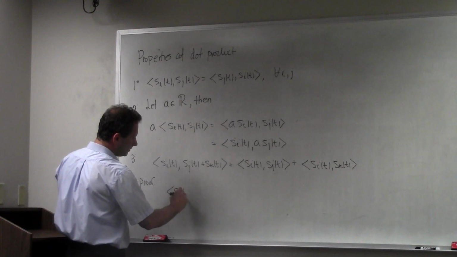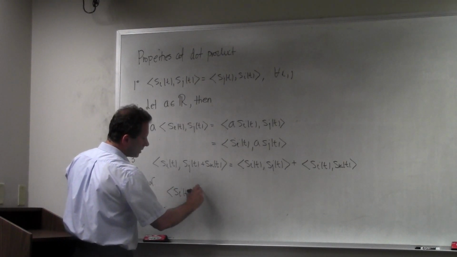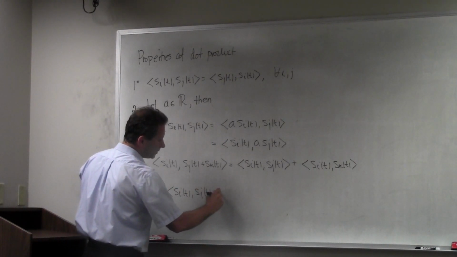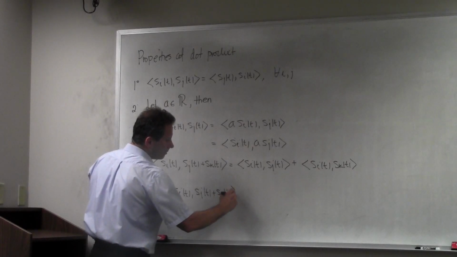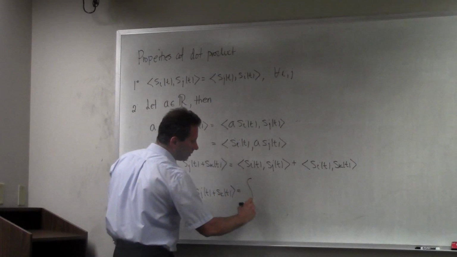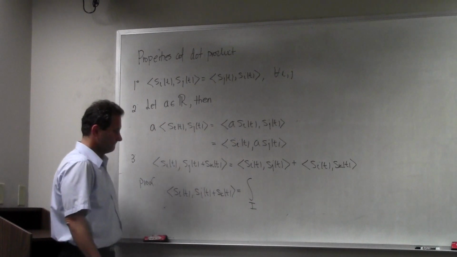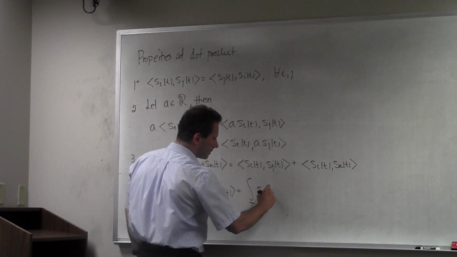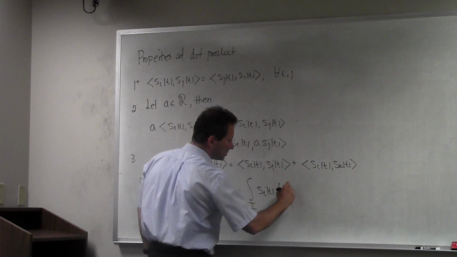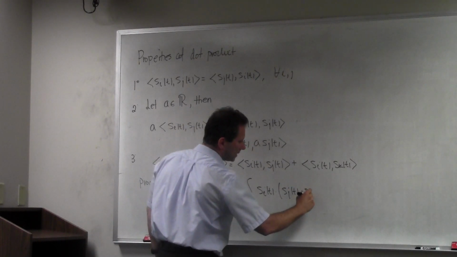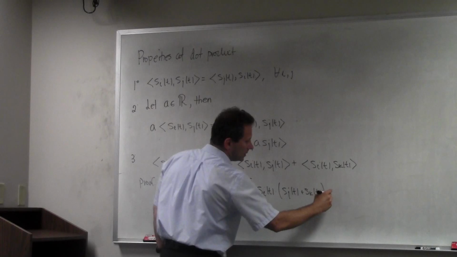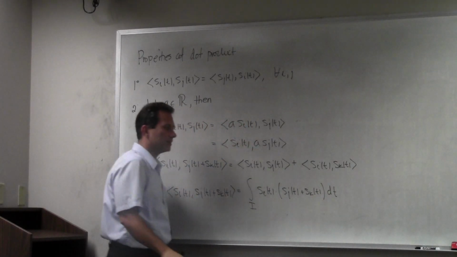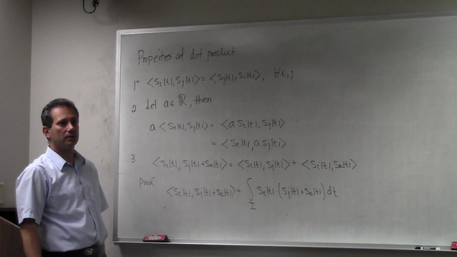Si of t in dot product with Sj of t plus Sk of t, by definition, is an integral over the interval I of Si of t multiplying Sj of t plus Sk of t, dt. Right? That's by the definition of what the dot product means.